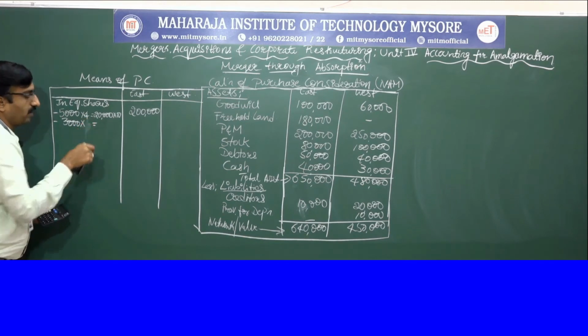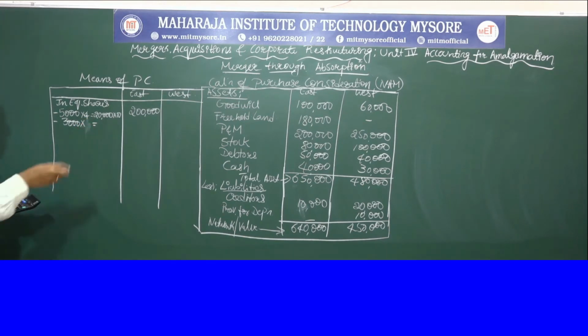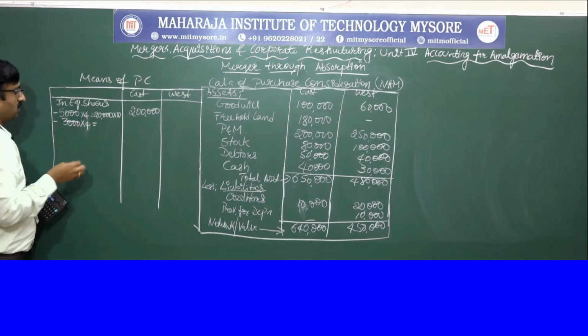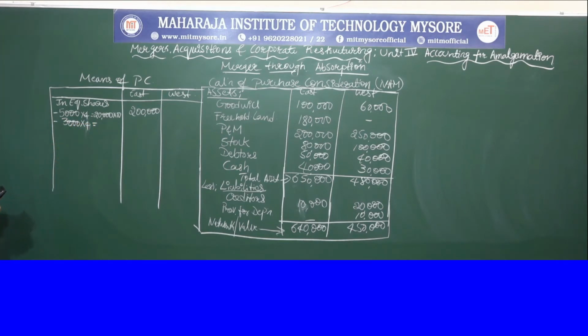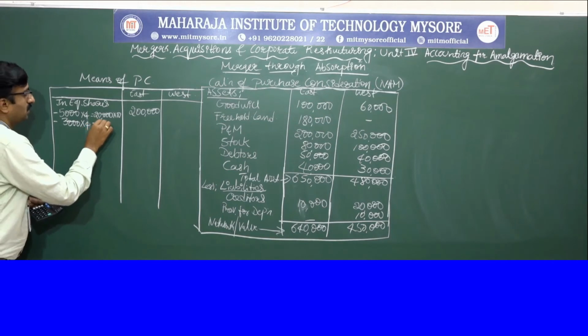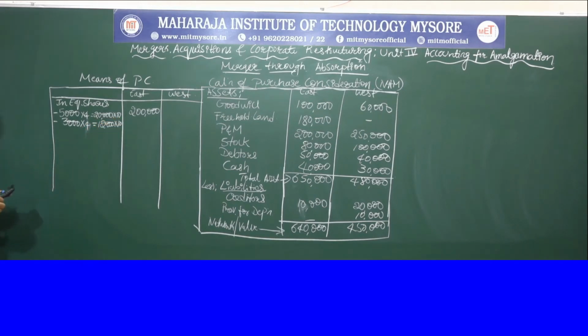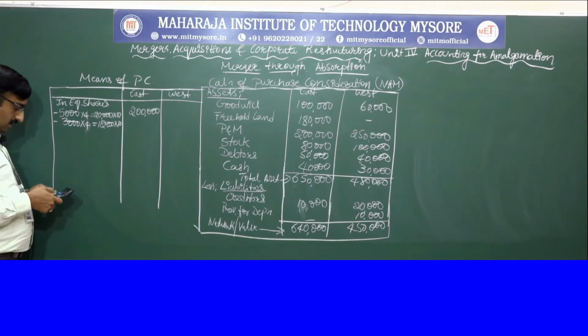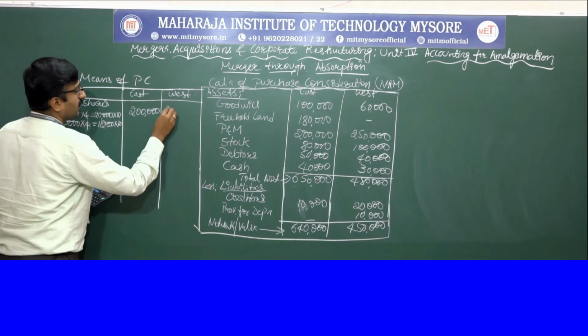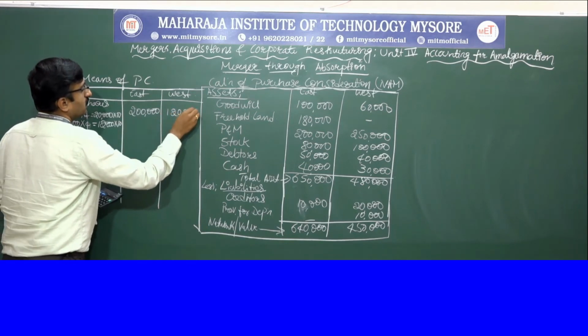Confused? Okay. So 3,000 into 4, you will get 12,000, into 10. You will get 1,20,000.